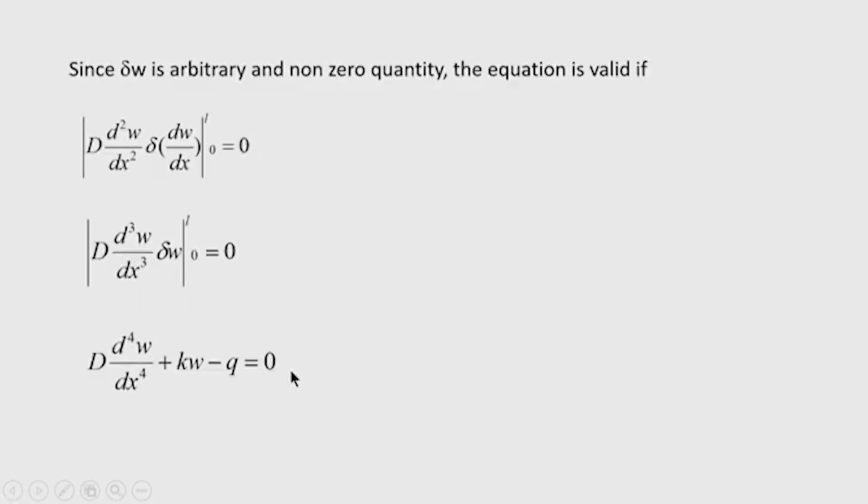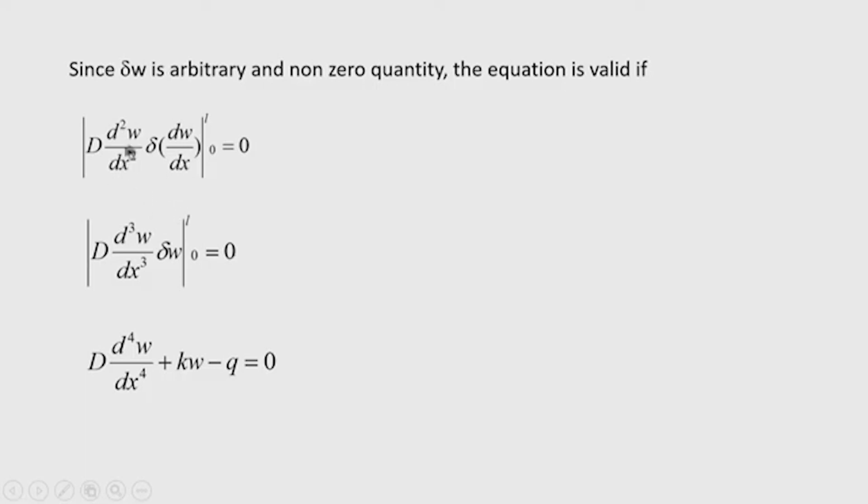So, we write this equal to 0, and third is the quantity inside the integral, and this is also equated to 0. The last expression that I have written gives the differential equation of equilibrium of the problem, and the other two equations that I have written above are nothing but quantities related to the boundary values.